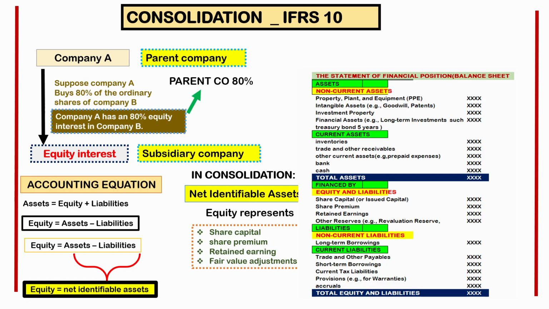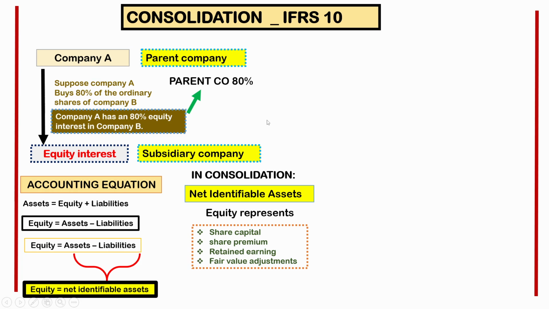Share capital, share premium, retained earnings, and fair value adjustment. Therefore, when we say that company A has acquired equity interest of company B, we are referring to this component here, and we are able to see these within our statement of financial position.